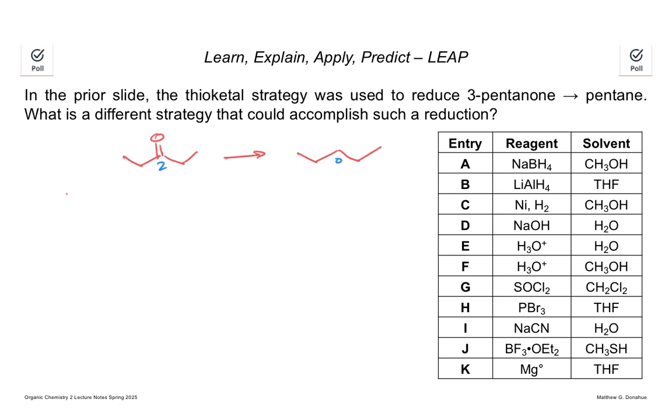So we'll do step 1 with conditions A, that's sodium borohydride in methanol. So that brings it down to oxidation state 1.